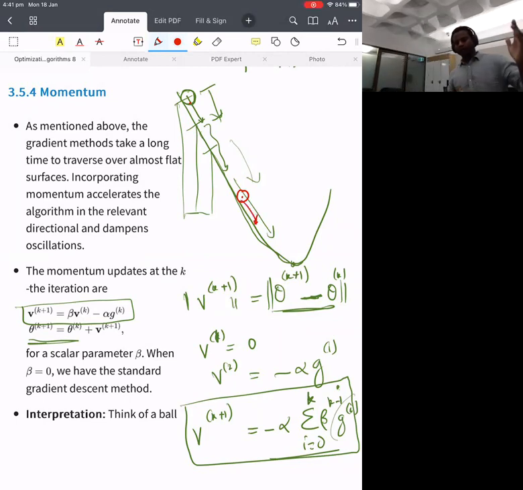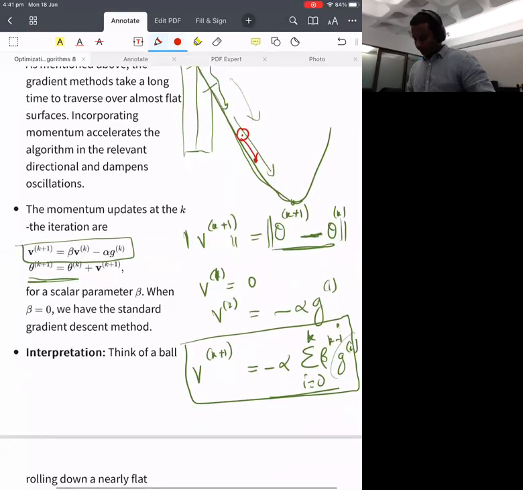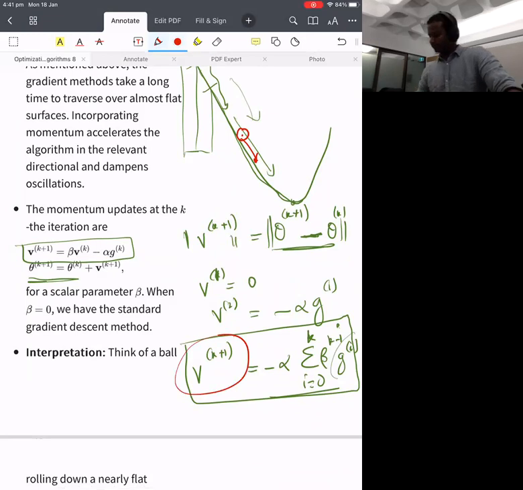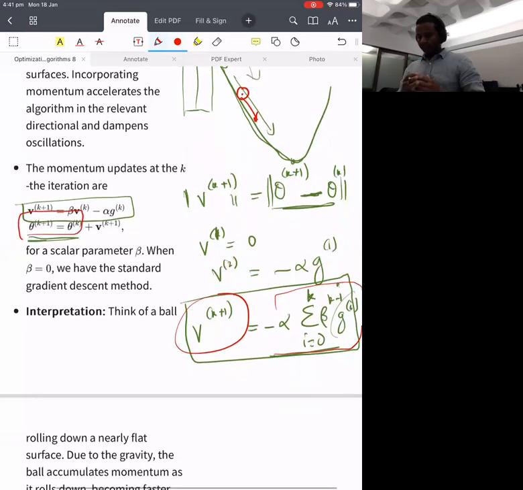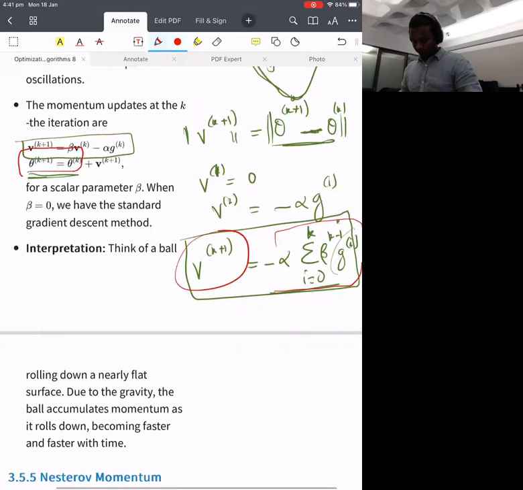So you need to retain that memory, and that is what happens using the velocity vector. We retain it by taking a summation over this. As long as you are moving in a decreasing direction, this will add up and the displacement keeps increasing in each iteration. That is essentially the motivation for momentum.